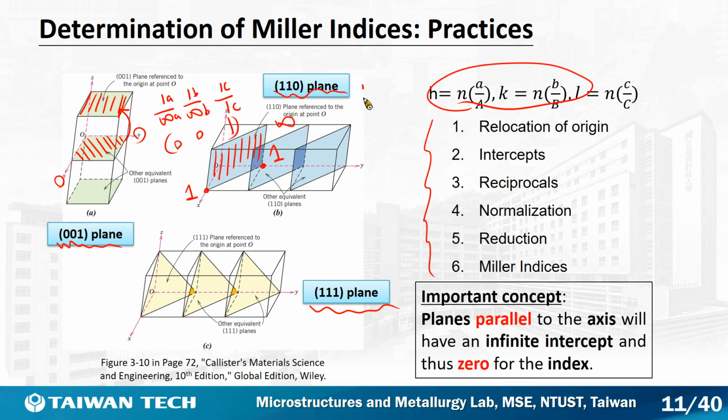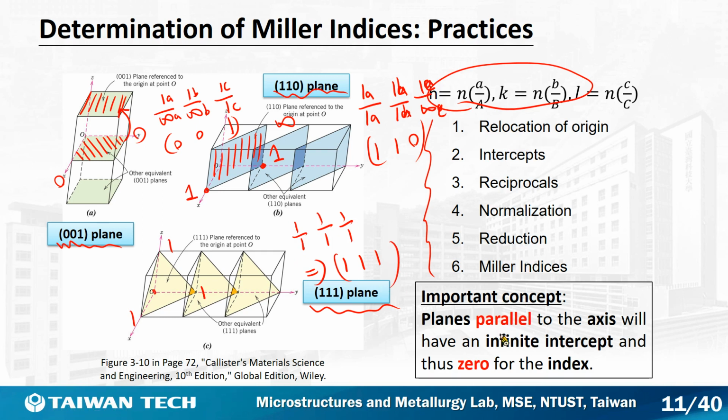So we get 1a, 1b, and infinity c. Okay, so we get 1, 1, 0. Let's see this one. Okay, no intersect with the origin. Find the intercepts 1, 1, 1. So I think it's easy. We get 1, 1, 1.